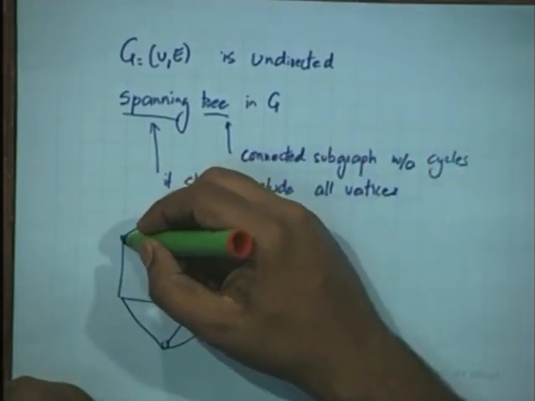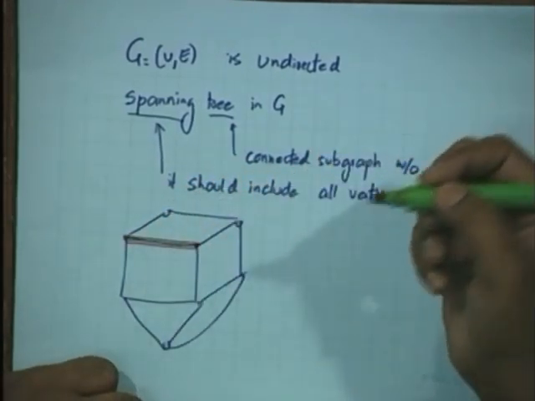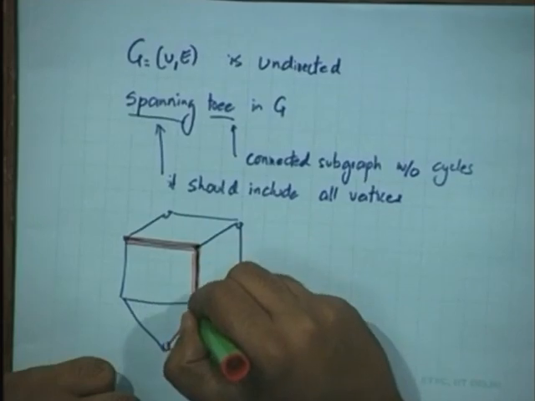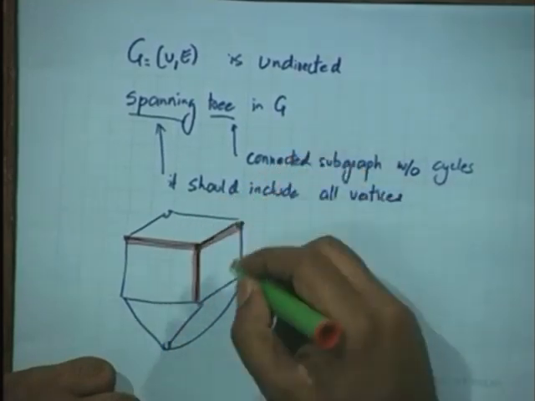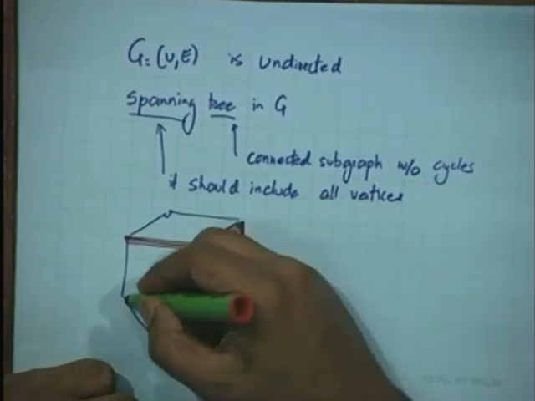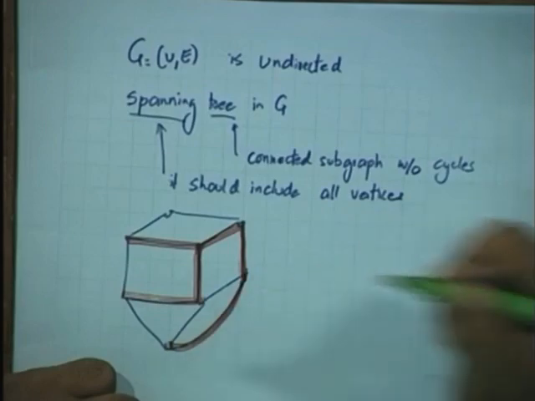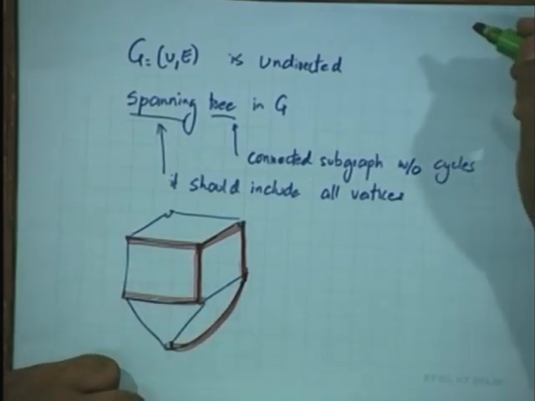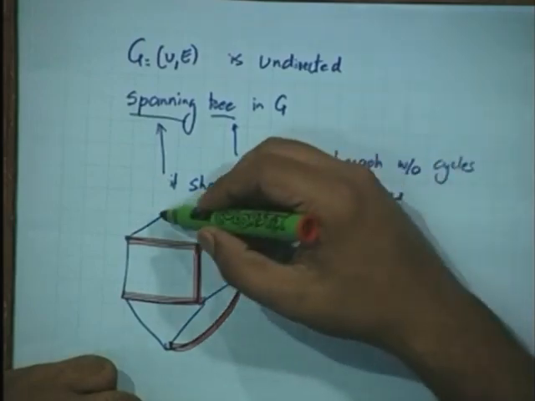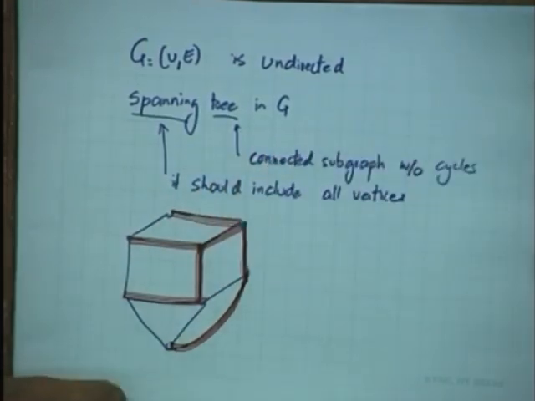Let us say I pick this edge, pick that, then I pick this and I pick this. How many edges do I need to pick? Is this a spanning tree? No. This vertex is not included yet. So, I could pick one of the edges incident to this vertex to include it. This is a spanning tree.